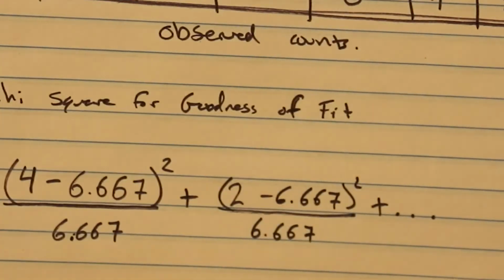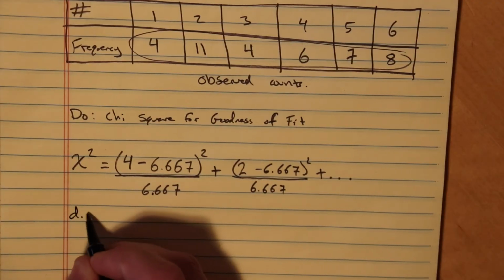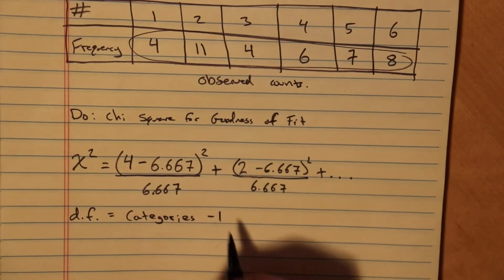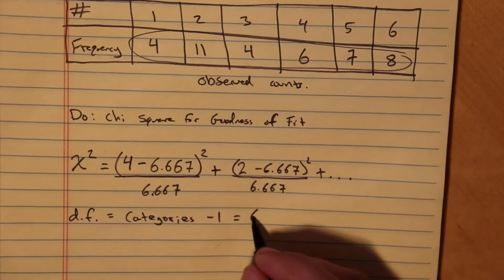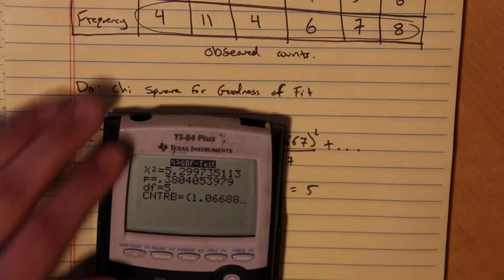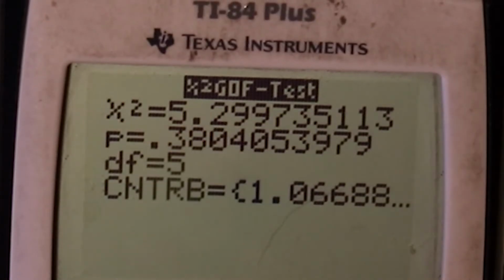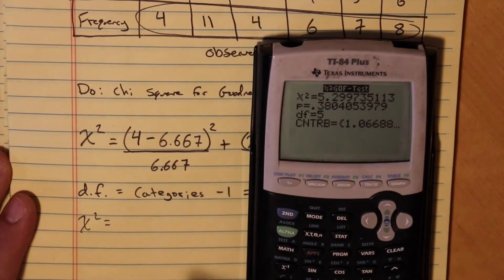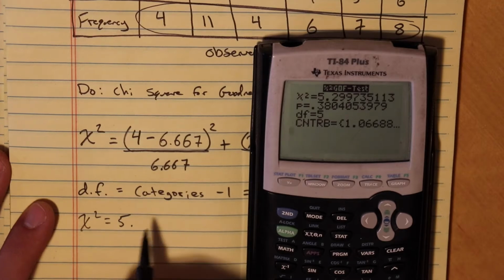Degrees of freedom. Let's state our degrees of freedom. Remember, that is the number of categories minus 1. In this case, the number of categories is 6, so the degrees of freedom is 5. I'm just going to calculate it. Notice how we get our chi-squared statistic at the very top. We have a chi-squared value of 5.299, so I'll just say 5.3.